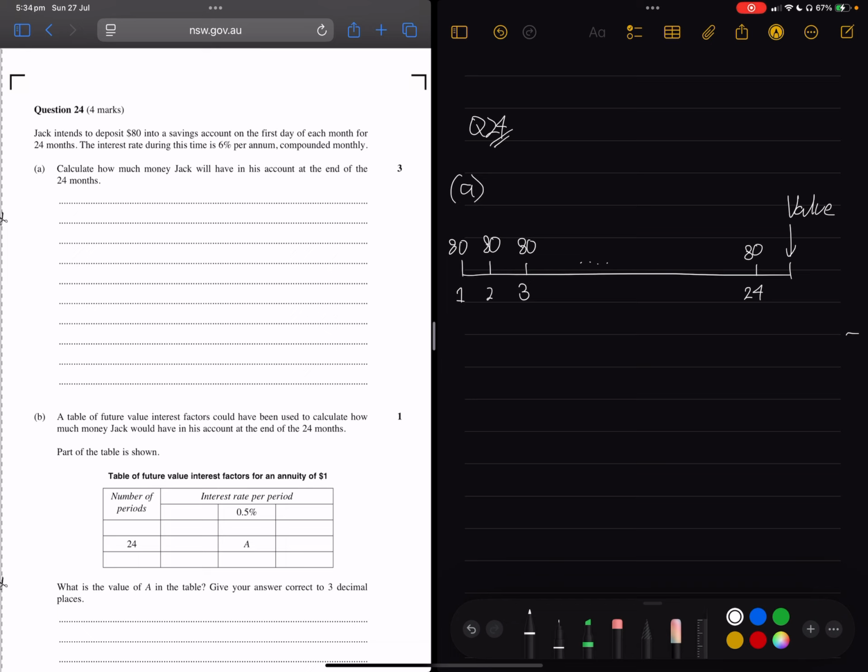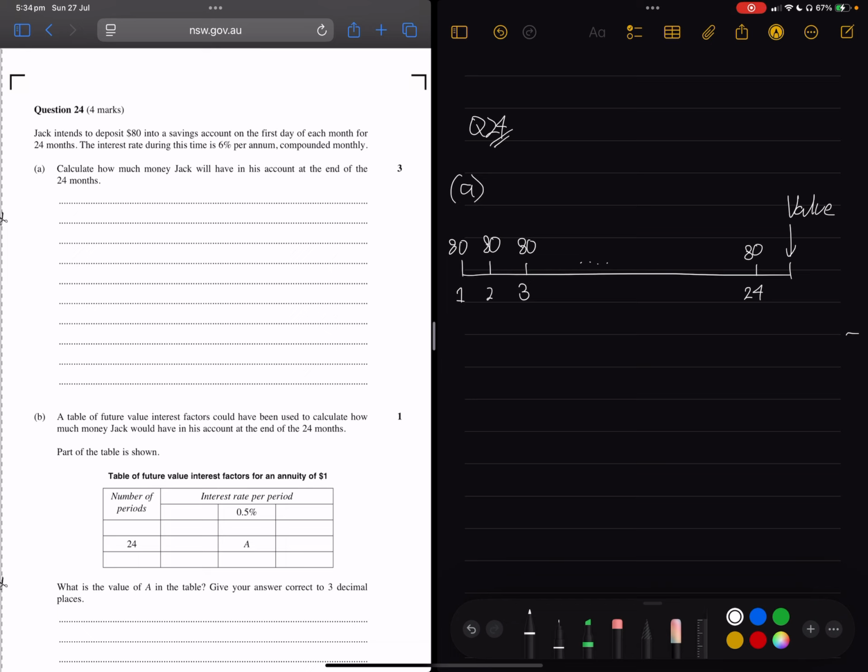It says this because the question asks us, how much will he have in his account at the end of the 24 months? So that last $80 compounds once. Each one of these is going to compound.